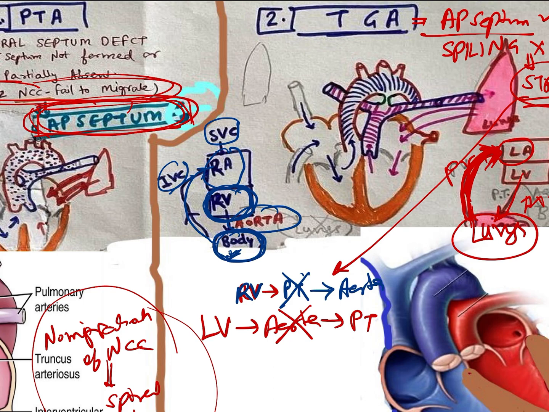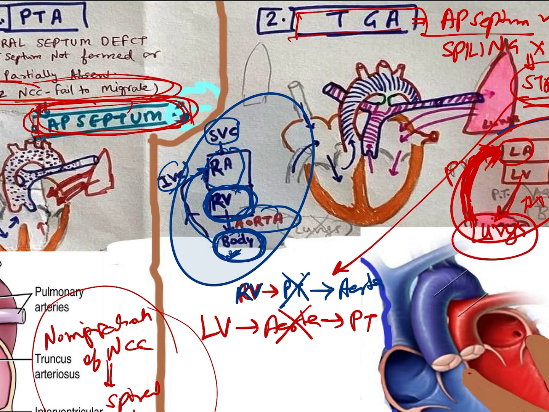Hence this forms a two circle system, two parallel circles. This two circle phenomenon is known as transposition of great arteries.